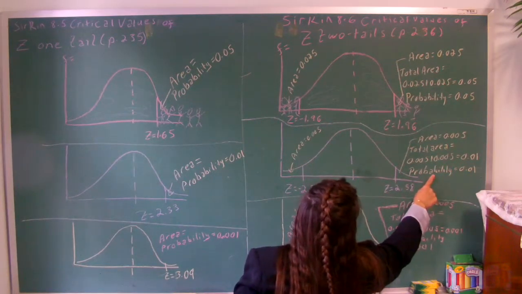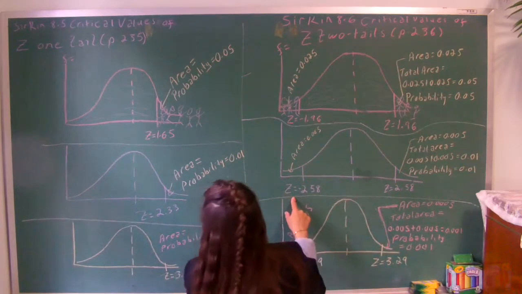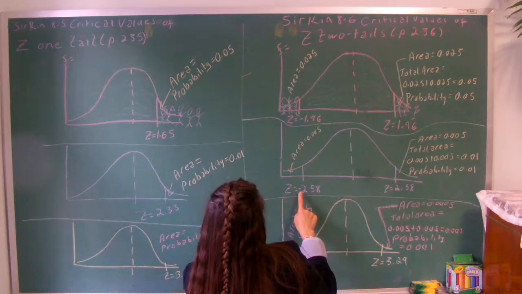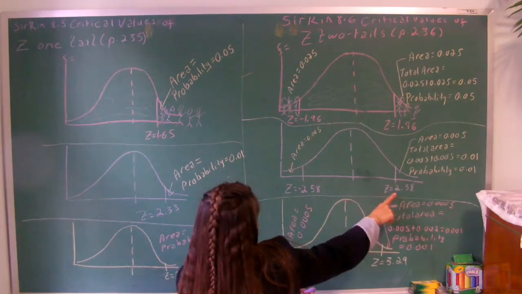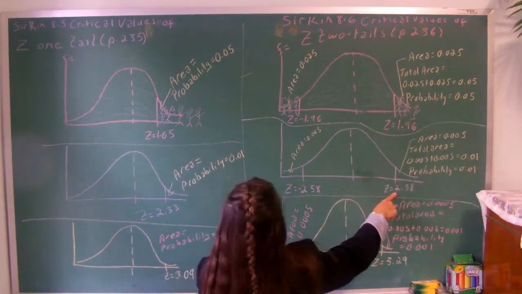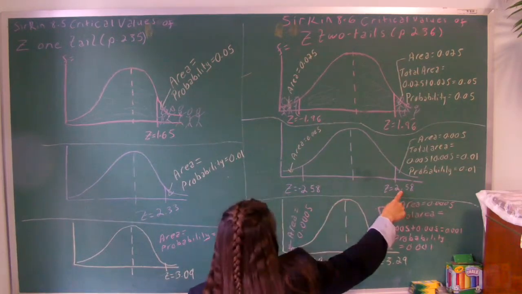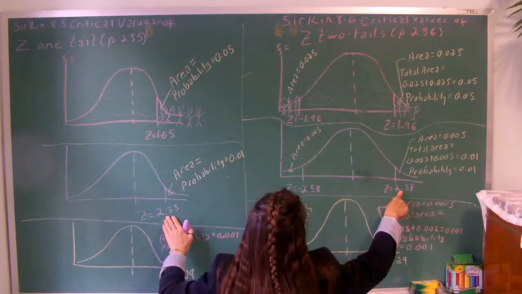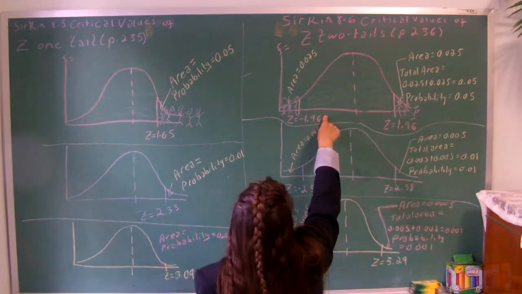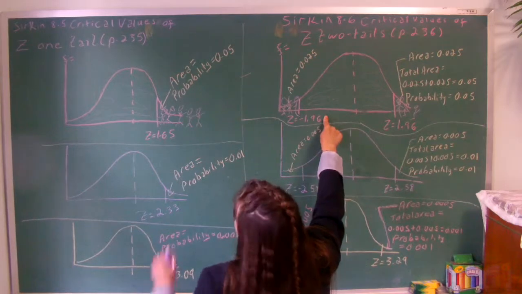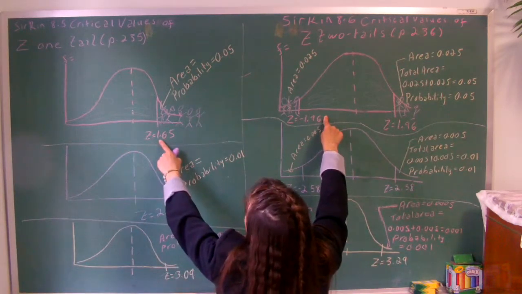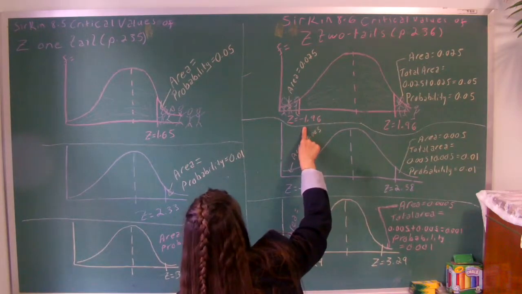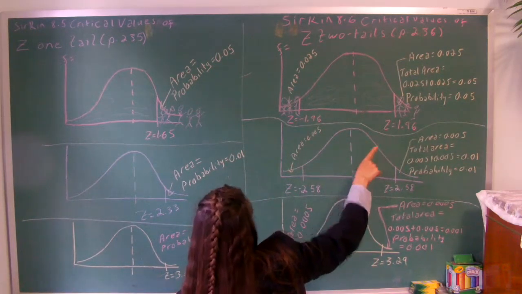That's why the critical Z for the two-tail is Z equals negative 2.58 and Z equals positive 2.58. Notice that this Z is a bigger number than that Z of 2.33. It's the same as up here for the probability equals 0.05: for a one-tail it's 1.65, but for the two-tails it has to be as high as negative 1.96 or 1.96.